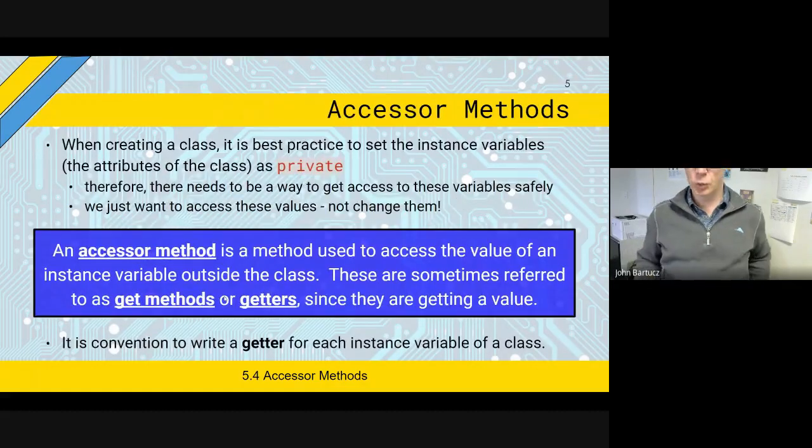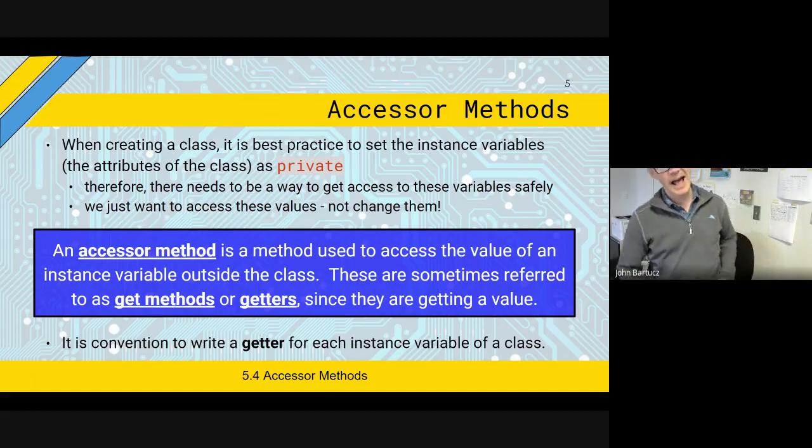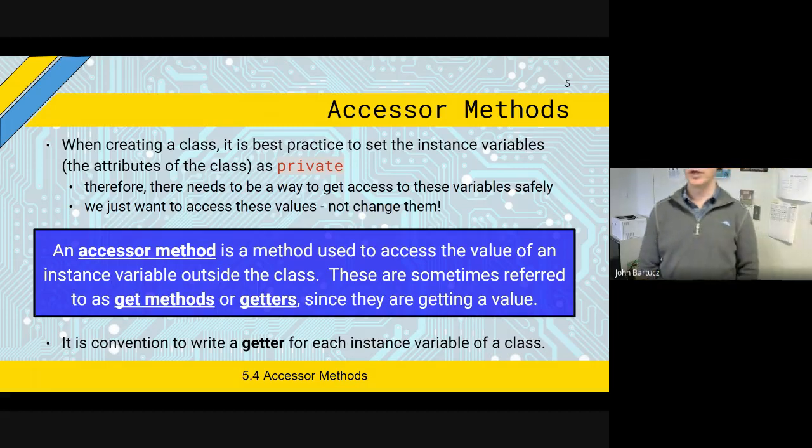We are going to set the attributes to private, but we need a way to access these variables safely. So an accessor or a getter method is a way to access this variable, to read it outside of the class.